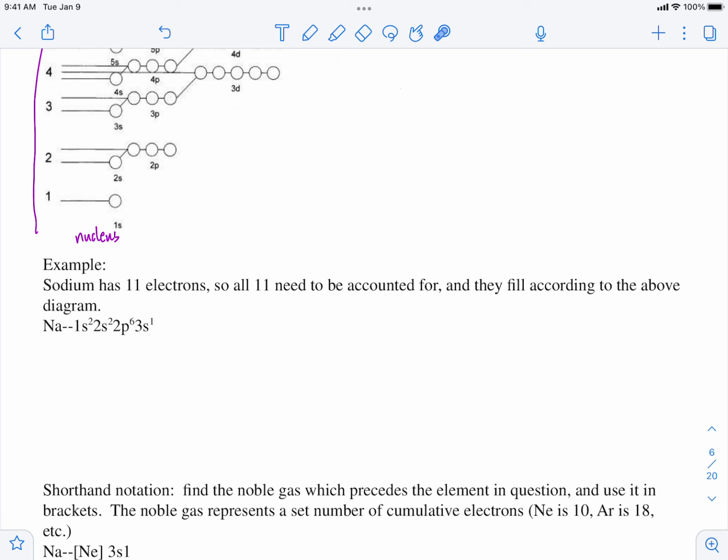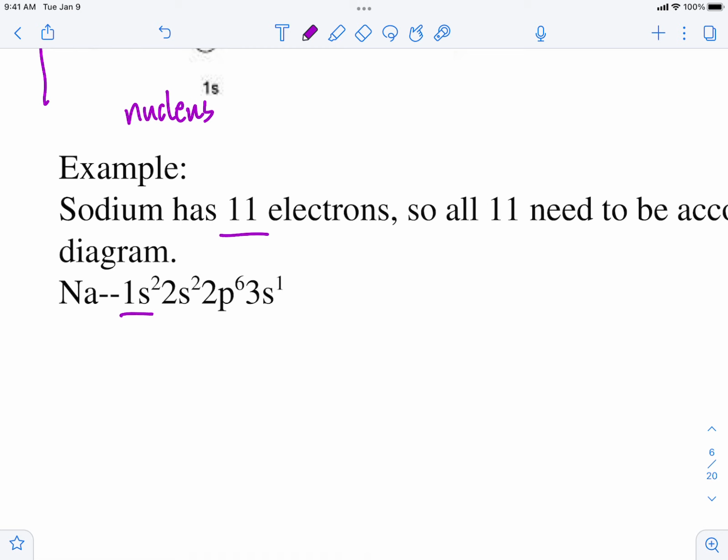So, sodium, 11 electrons. The way we write it is, first we write 1s2. We write 1s first because that is the lowest energy level. We write the 2 because the 2 is the capacity of an s. What comes next after the 1s is 2s. It is still an s, it still has a capacity of 2, so we put the 2 there and we move on.